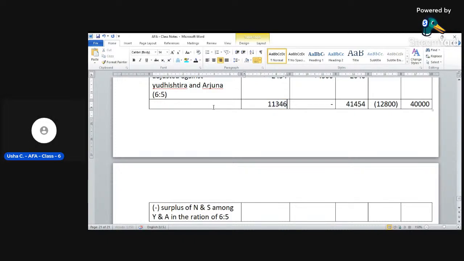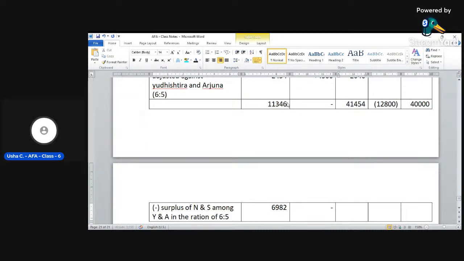Okay. Now 12,800, you just adjust. 12,800 into 6 divided by 11 is how much? 6,982, if you round it off. We are not adjusting against the underwriter Bhima.